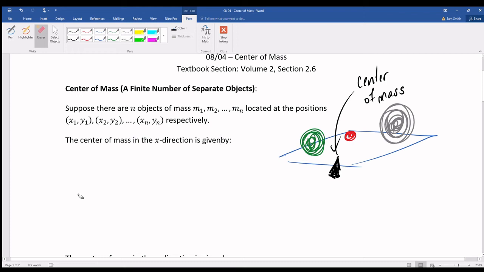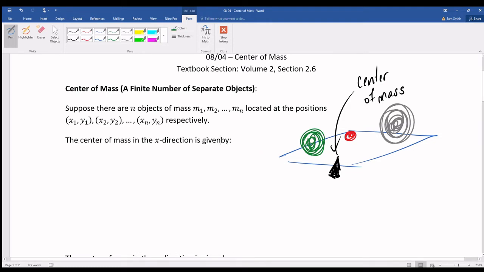So today we're going to talk about the final physical application of integration that we will be studying in the course, and that is to find center of mass. Now, the situation that we're dealing with in this first part of the video is represented over here on the side.